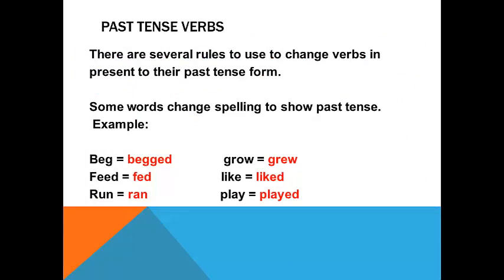When we talk about the rules for us to change the verbs into the past, we're going to mention some of the following details. For example, when we change the verbs, we have ed in the end, we have double consonants, we have different spelling in the past, and we have different pronunciations also.